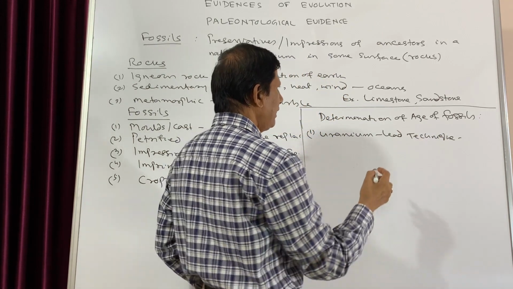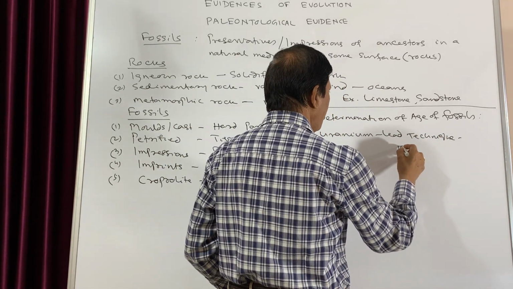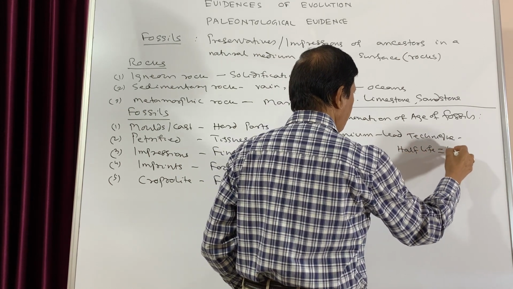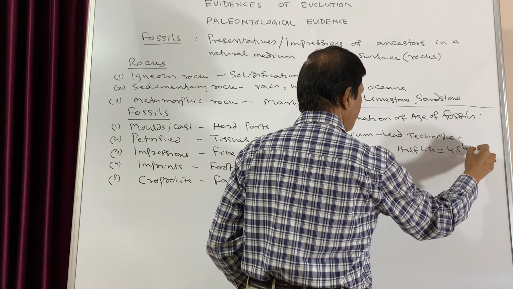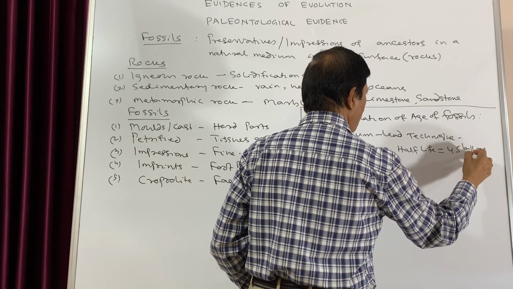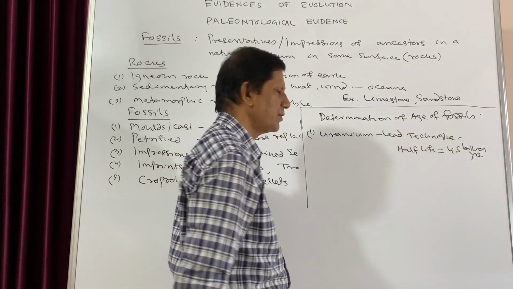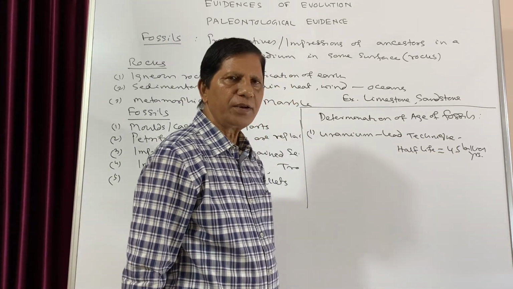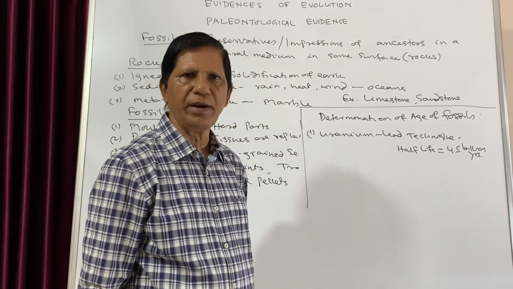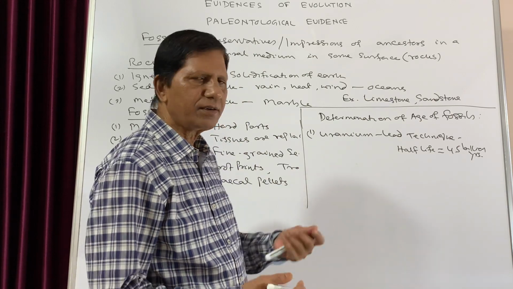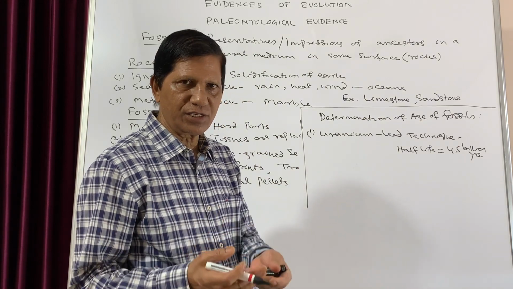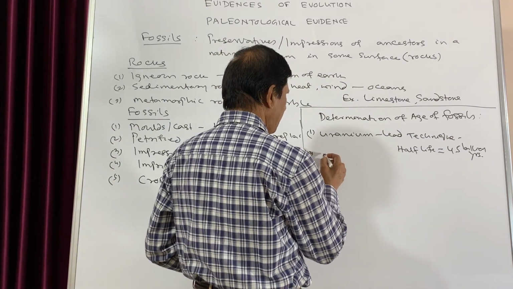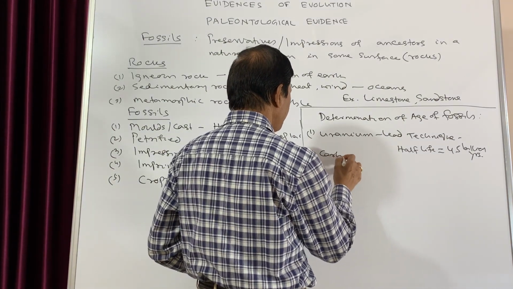So here the half-life of uranium is 4.5 billion years. That means in 4.5 billion years, half of the uranium will decay. So from that we can guess what is the age of the rock. Then the second type is carbon dating.